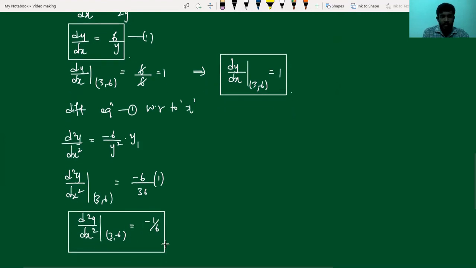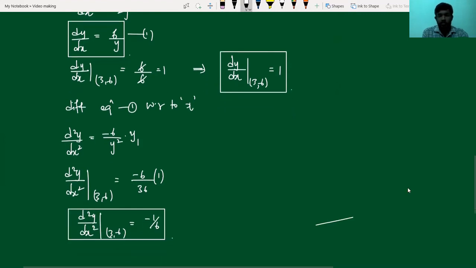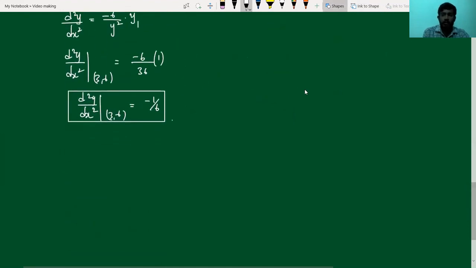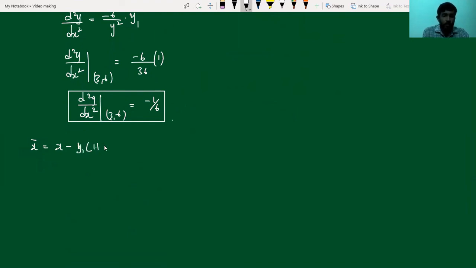We get x bar is equal to x minus y1 into (1 plus y1 square) divided by y2. So the x value is 3 minus y1 value 1 into (1 plus again y1 square, which is 1) divided by y2, which is minus 1 by 6.